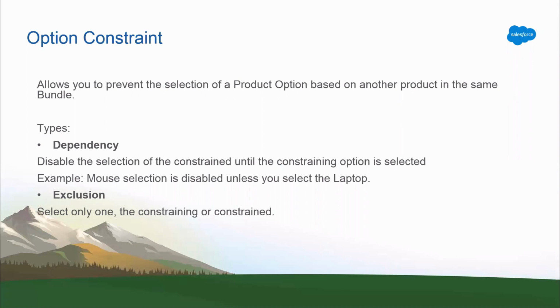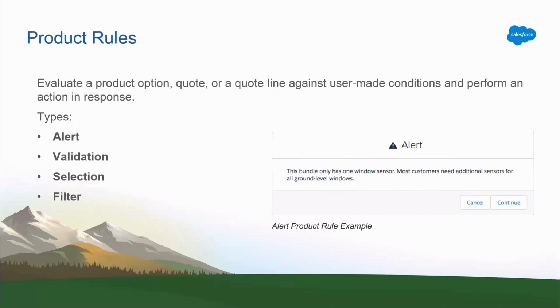So moving on to our next topic, product rules. In simple words, product rules evaluate conditions and do an action in response. There are 4 types of product rules: alert, validation, selection, and filter. I'm not going to be discussing the filter product rule because it's used with dynamic bundles.